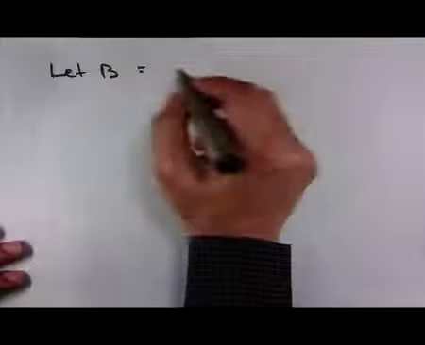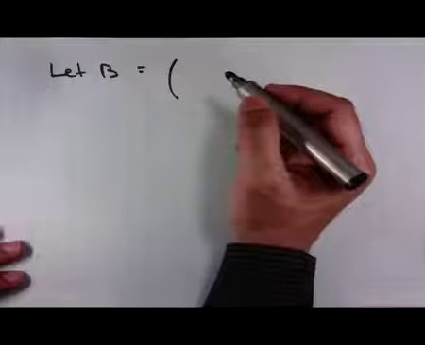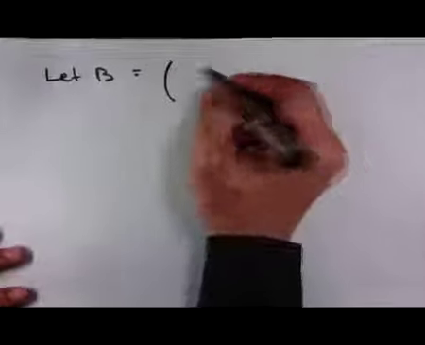We construct B by interchanging 2 rows. Let us take the first and third row.